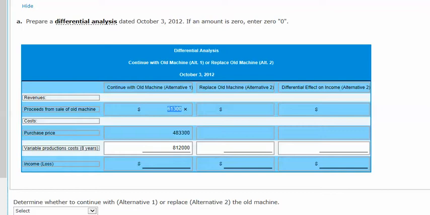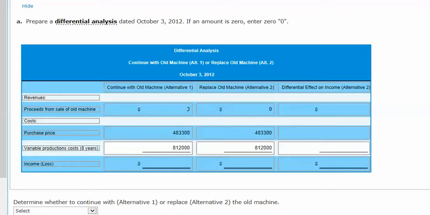That should be a 0 there. Excuse me. Yeah, I'm in the wrong column, aren't I? Okay, I'm going to move things over here. Sorry, everybody. So 483,300 and 812,000.